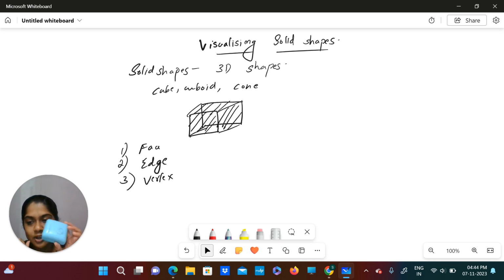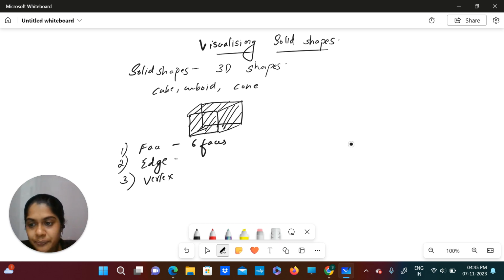Top 1, bottom 1, front and back 2, so total 4, then sides 2, so 4 plus 2 is 6. So there are 6 faces. In a cube and a cuboid, the faces, edges and vertex numbers are the same.